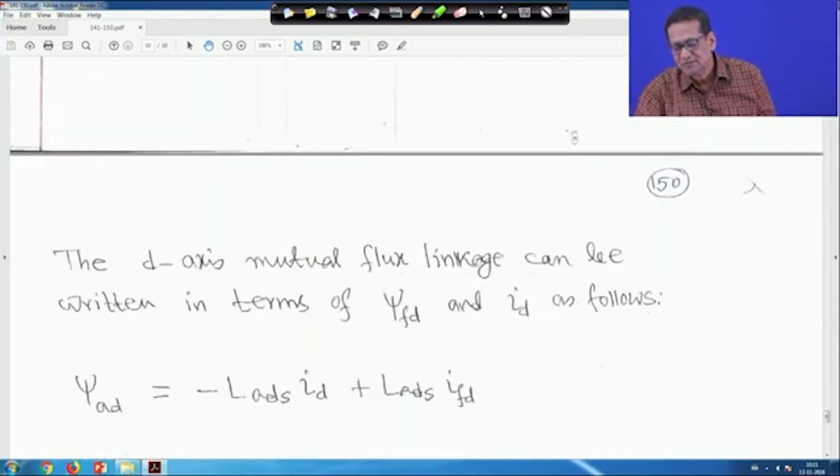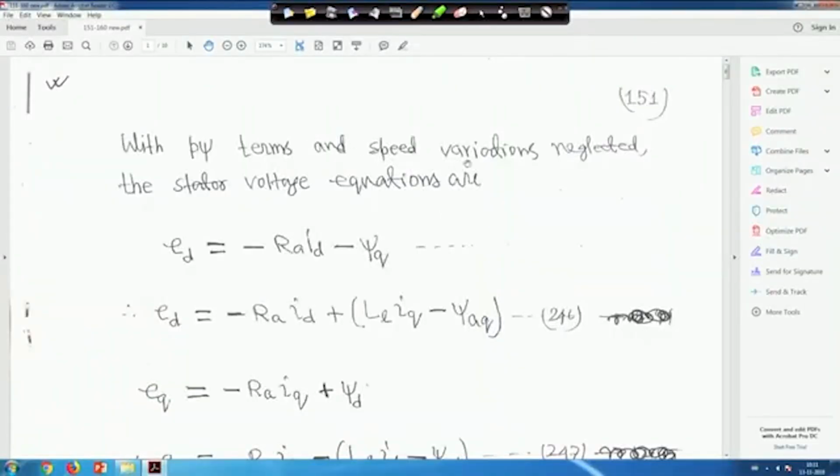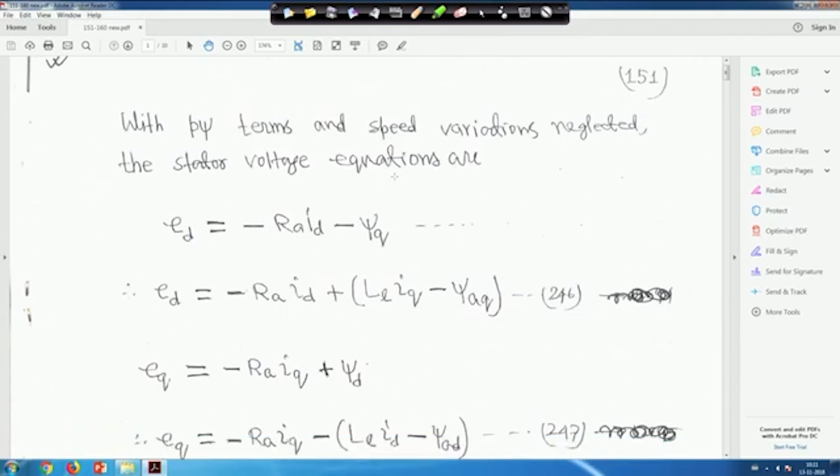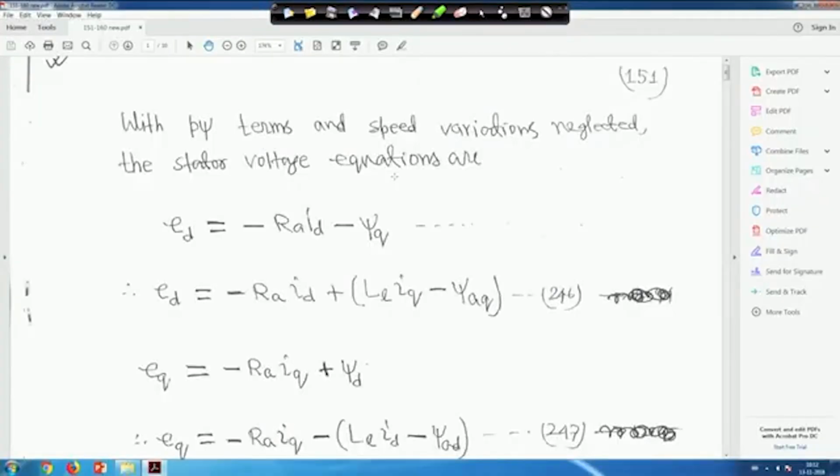Just hold on, we will go to the next page. With p psi terms and speed variations neglected, the stator voltage equations are as follows. You go back to the stator voltage equations derived much before, and there you neglect the p psi terms and speed variation and rewrite those equations for ED and EQ.